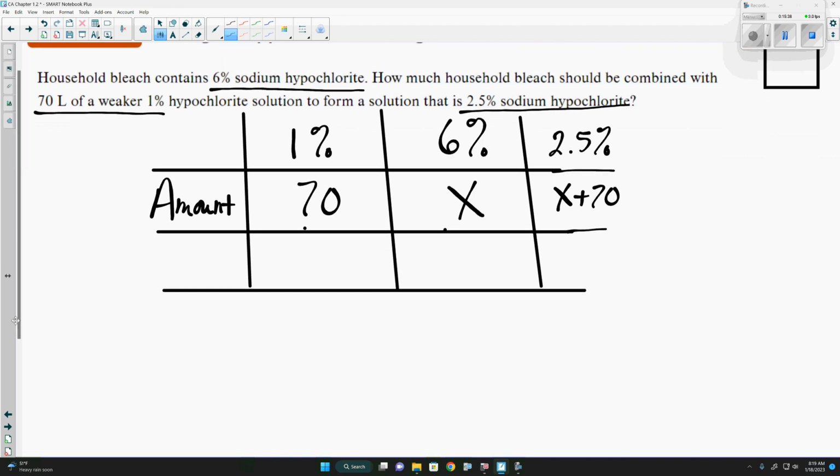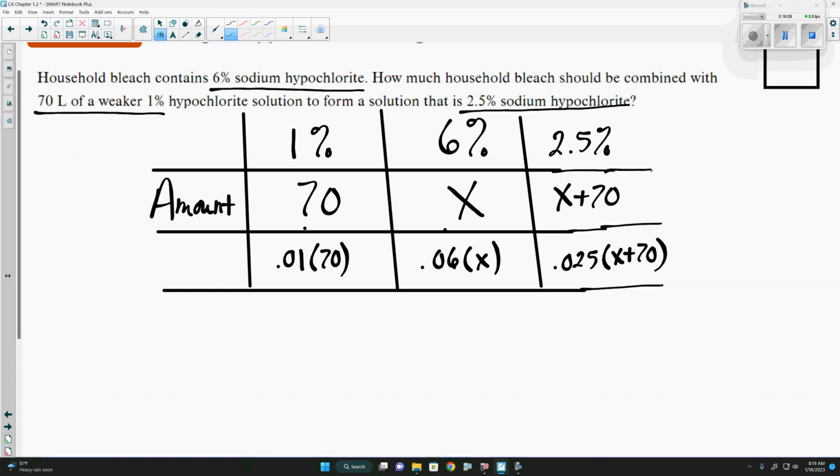Now, the overall concentration is really taking these two and multiplying them together. So 1%, which is our 0.01, times 70. The total for our 6%, so 0.06 times x. And in our last one, we'll have 0.025 times x plus 70, kind of our total for each.